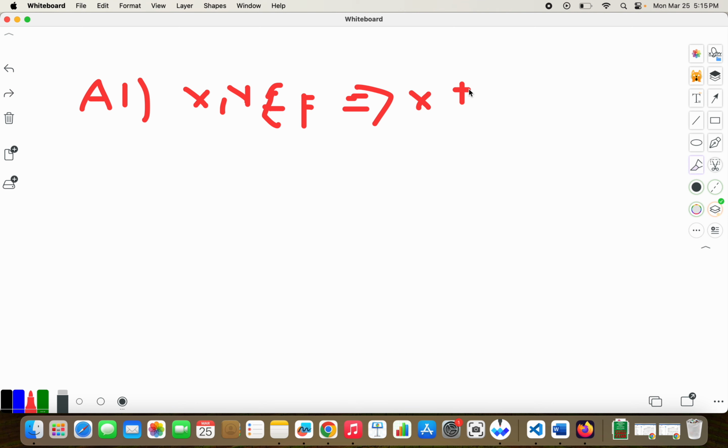So, these are axioms for fields. Say there are two elements, x and y, in the field. x plus y is in the field.